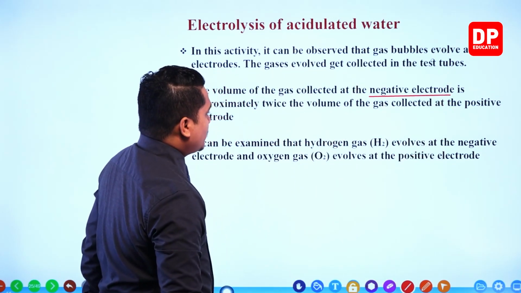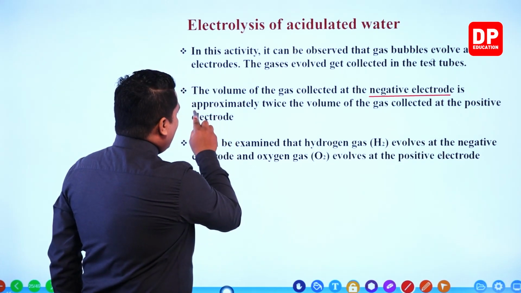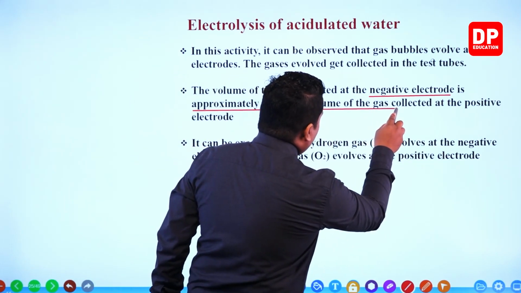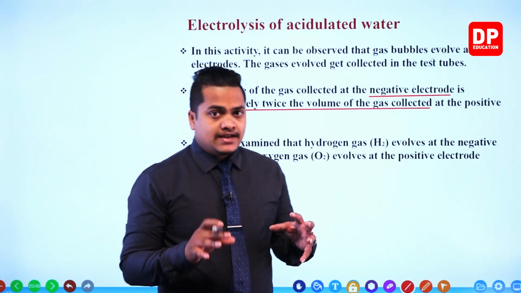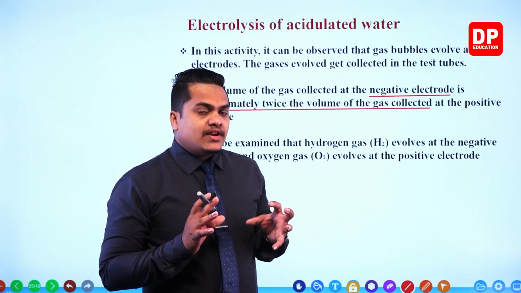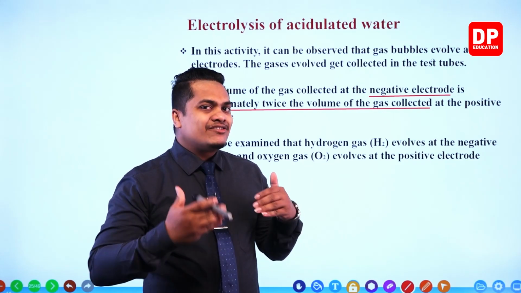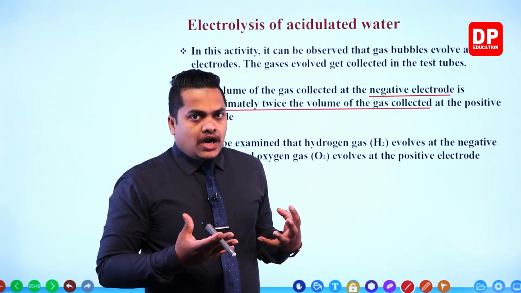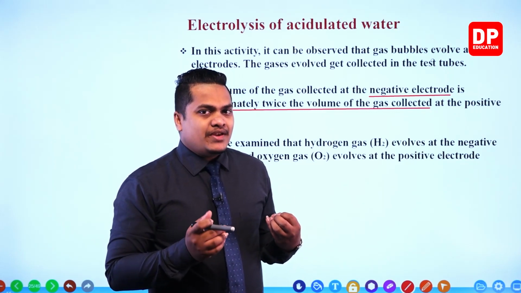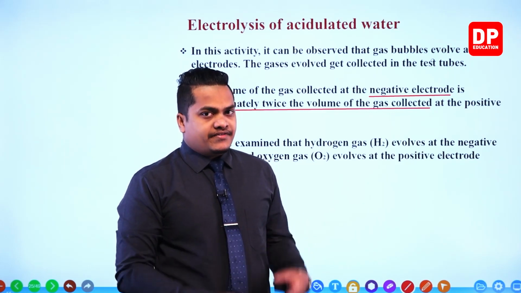So at the negative terminal, approximately twice the volume of gas is collected when you compare it with the positive terminal. Like I said, my dear children, at the negative terminal, you know that hydrogen gas is going to evolve, right? Hydrogen gas is the one which can be observed at the negative terminal.